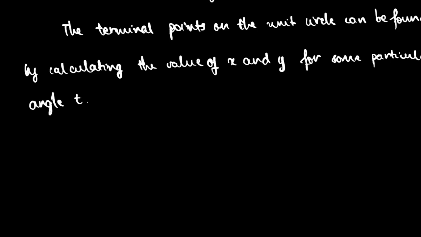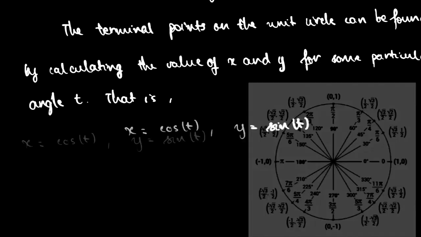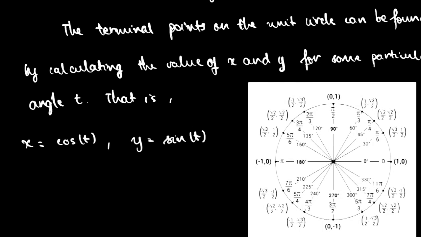In trigonometry, usually we use theta for the angle, but for parametric equations, usually the angle used is t. So we have x equal to cosine of t, and y equal to sine of t.